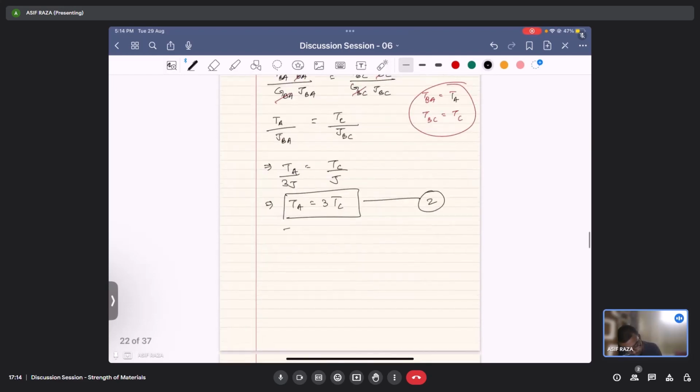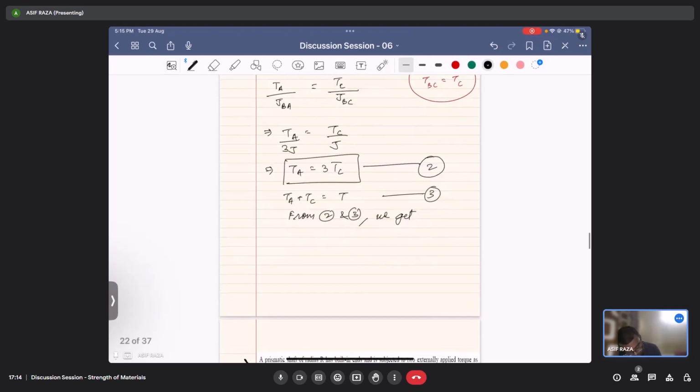It will come out to be TA plus TC is equal to T. Using 2 and 3, we get 3 TC plus TC equals T. That means TC is equal to T by 4, and TA would be equal to 3T by 4.